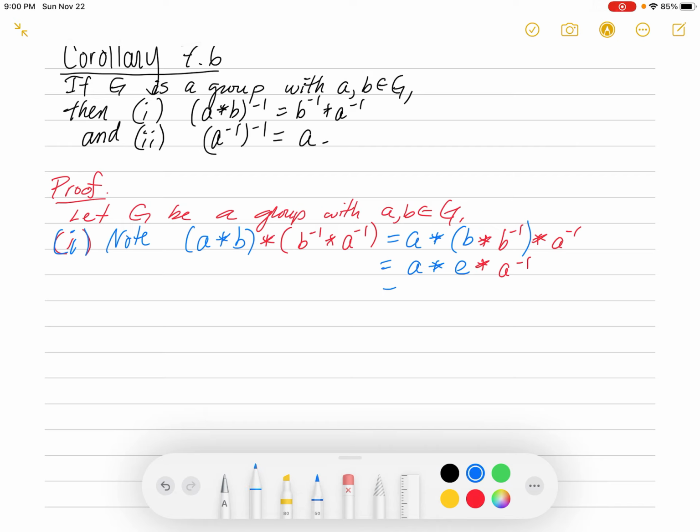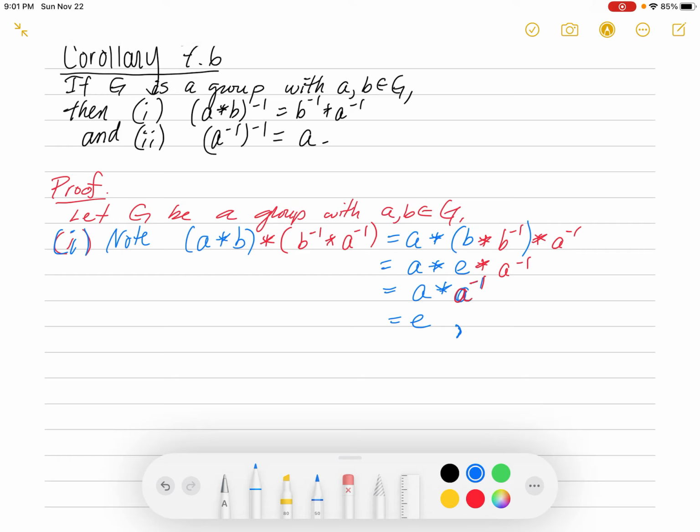So now I'm going to do A starred with E, that's A. So we have A star with A inverse. A star A inverse is going to be the identity. So on one hand, when you take AB and you star on the right by B inverse A inverse, you get the identity.